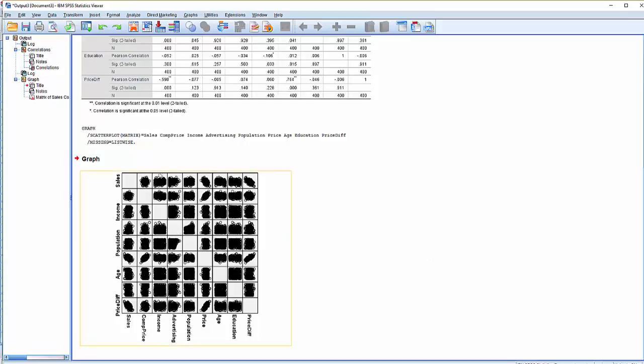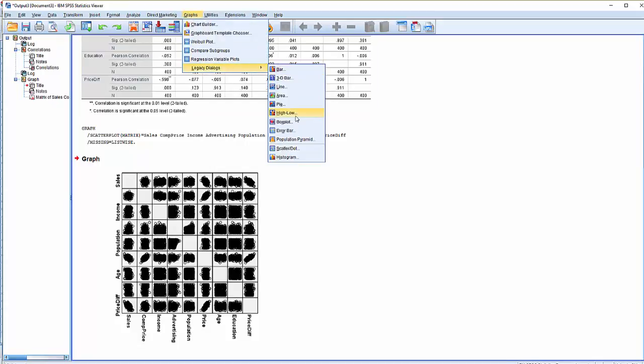And maybe if we just took a few variables at a time, let's do that just to see if we can get something to look a little bit better.